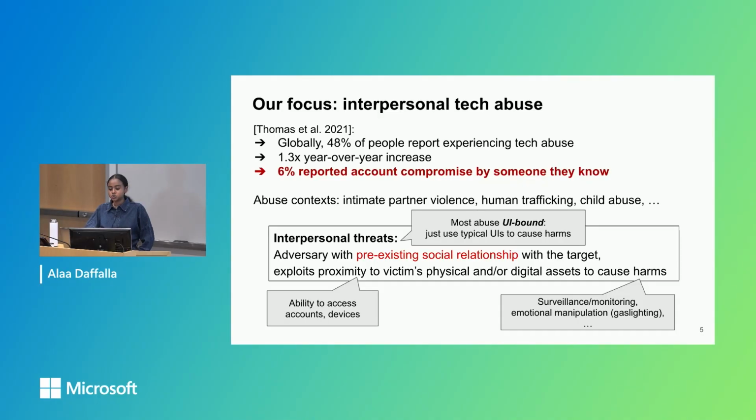Importantly, most abuse is UI bound, meaning that it uses the typical UI to cause harm. So the question becomes, given these unique threats, how do emerging technologies such as passkeys play out in interpersonal abuse settings?